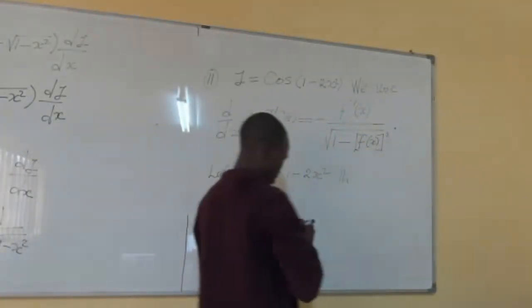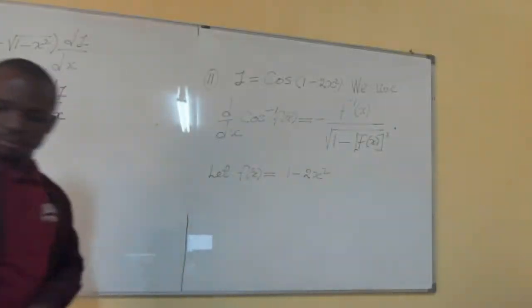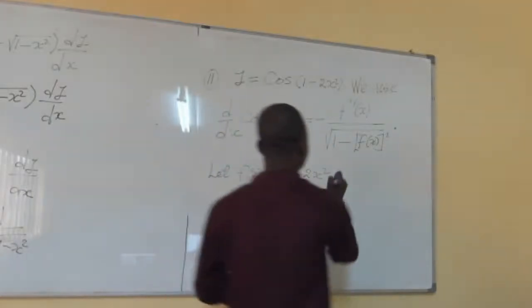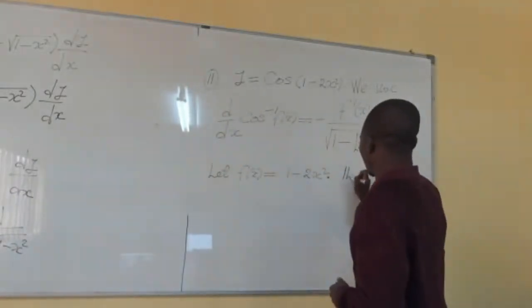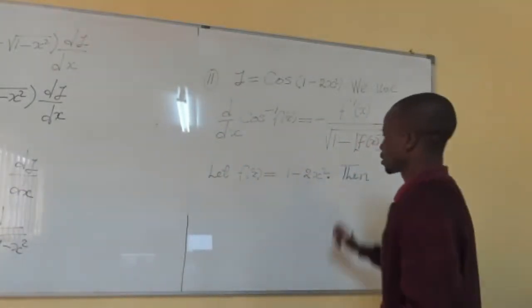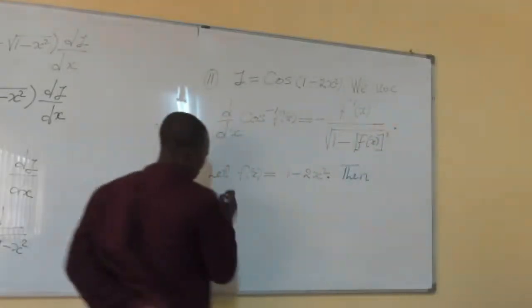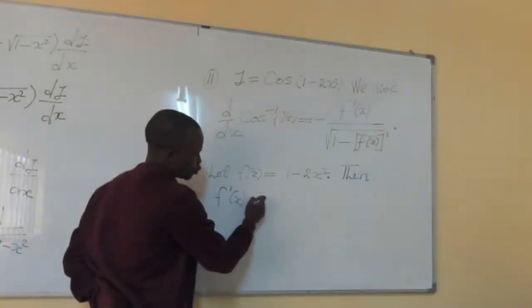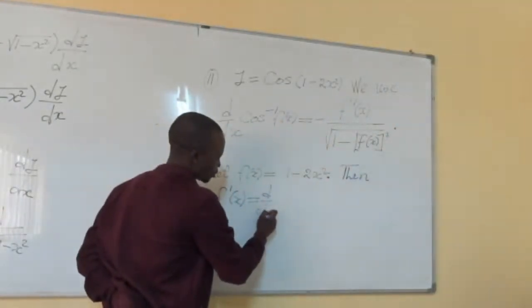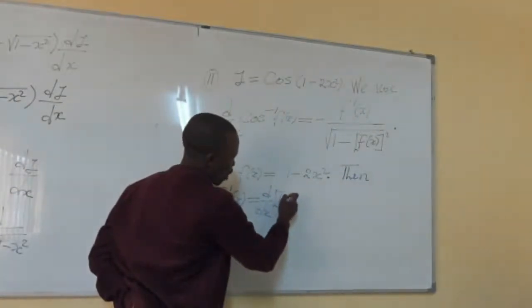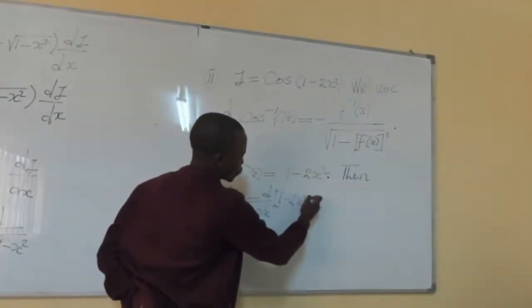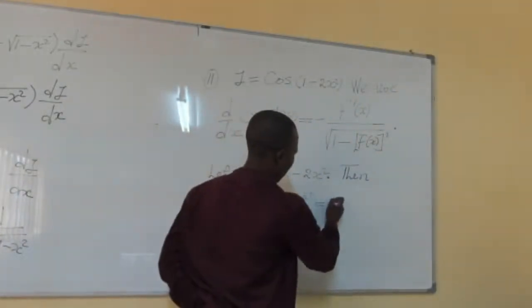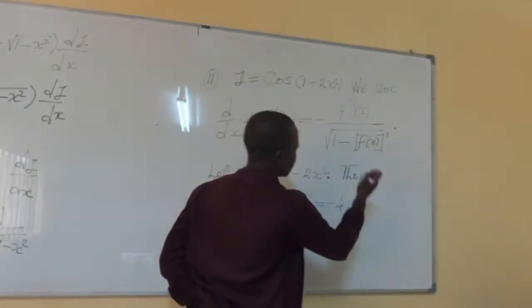Then f prime, the derivative of f of x, which is just the derivative with respect to x of 1 minus 2x squared, is equal to negative 4x.